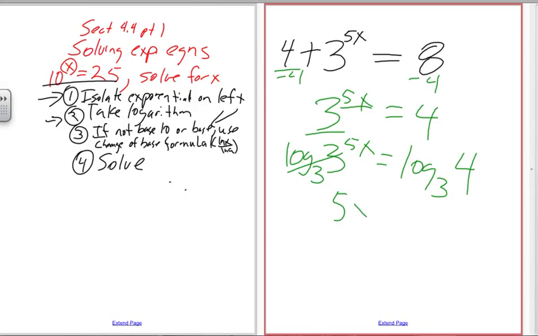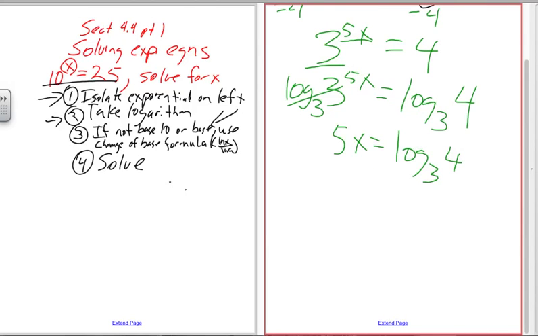So I'm left with 5x equals log base 3 of 4. And now I divide. So I'm going to be left with x equals log base 3 of 4, divided by 5. And log has the same order of operations as exponents. So it's very high. So you have to do that first, and then you divide whatever the log base 3 of 4 is by 5.